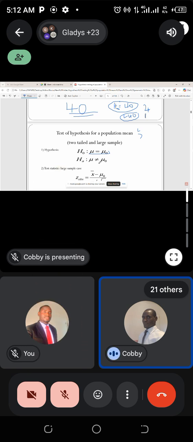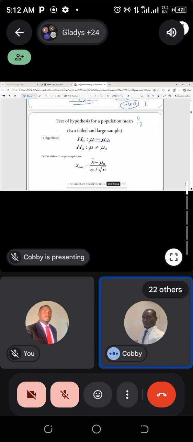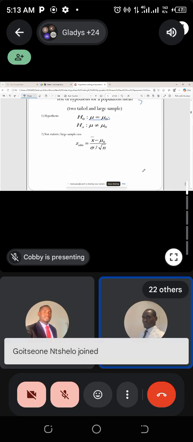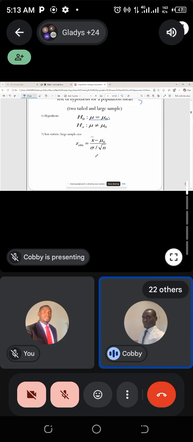Great. After we have stated the null hypothesis, we have to calculate the test statistic. When we are testing the null hypothesis, we are using a certain value to determine at which point we can reject or fail to reject the null hypothesis.